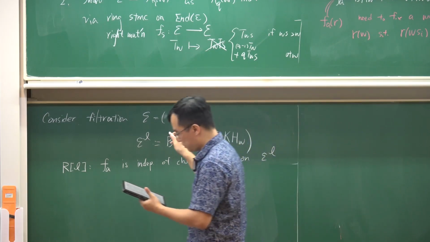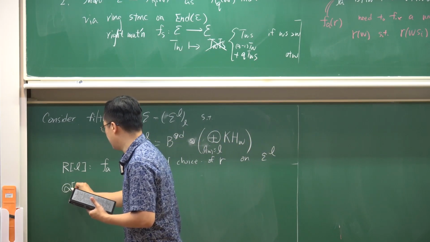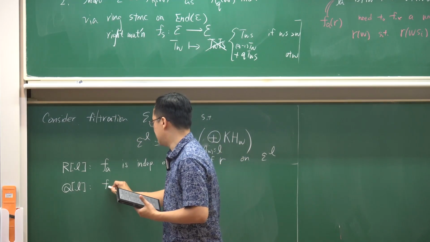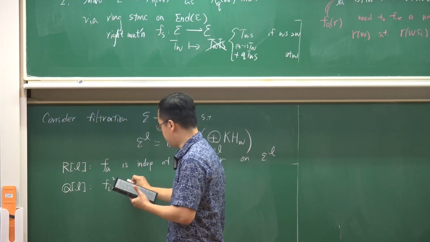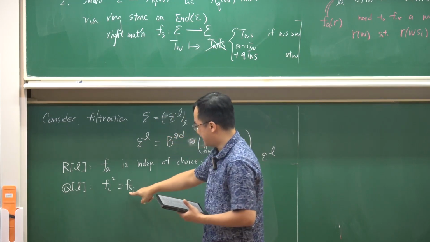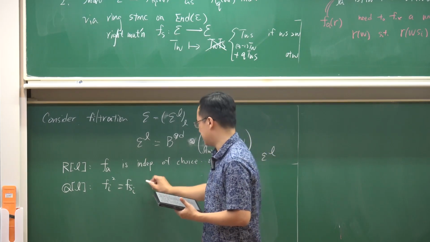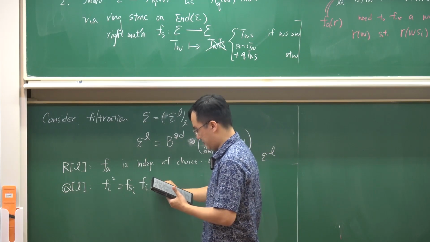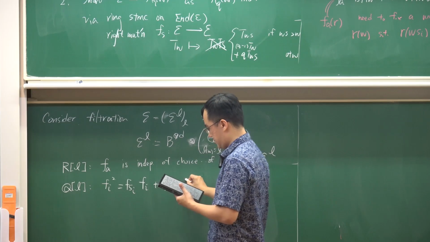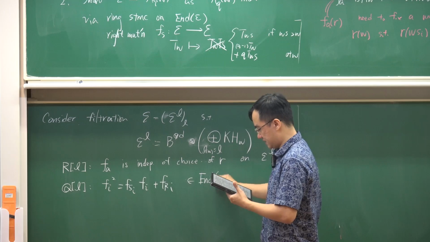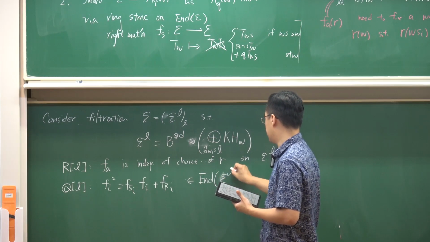In order to prove it, you need some other statements. Q(L) means the quadratic relation. Basically, you have that F_i squared equals F_{s_i}, this is the choice of parameter s_i, not the simple transposition, and then plus this and that. You want to show that this holds as endomorphisms on epsilon_L.